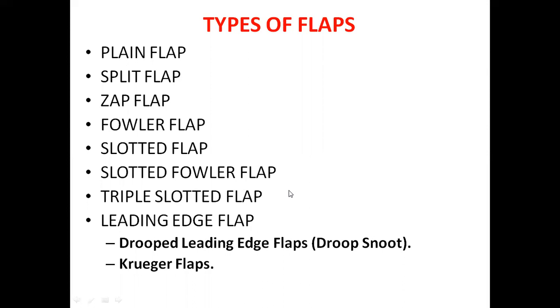These are all known as trailing edge flaps. Their location is the trailing edge of the wing, the inward section of the wing towards the root. The flap will attach to the trailing edge of the wing, and leading edge flaps attach to the leading edge of the wing. Now we'll study the other different types of flap in the next lecture. Thank you.